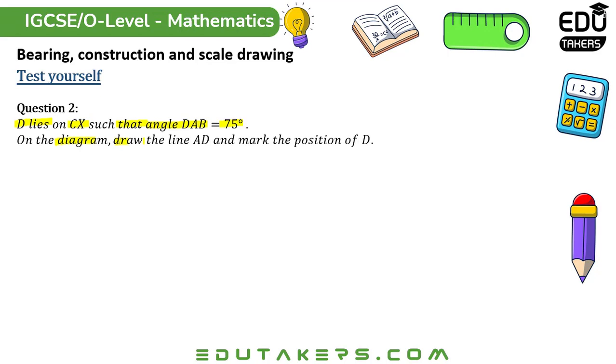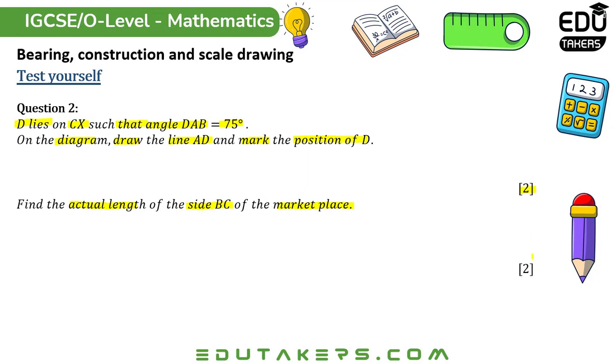On the diagram, draw the line AD and mark the position of D. It's a 2 mark question. Find the actual length of the side BC of the marketplace. It's a 2 mark question. Write the scale of the drawing in the form 1:n. It's a 1 mark question.